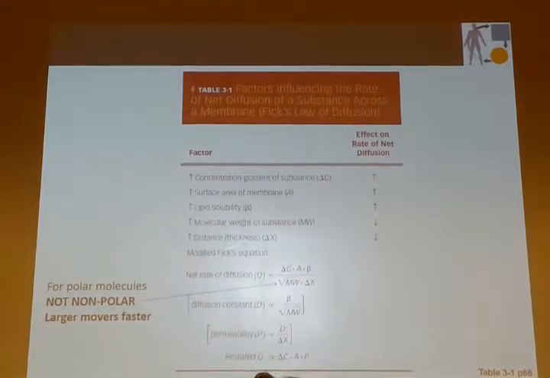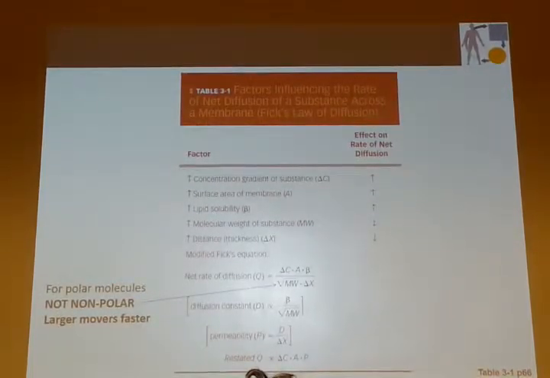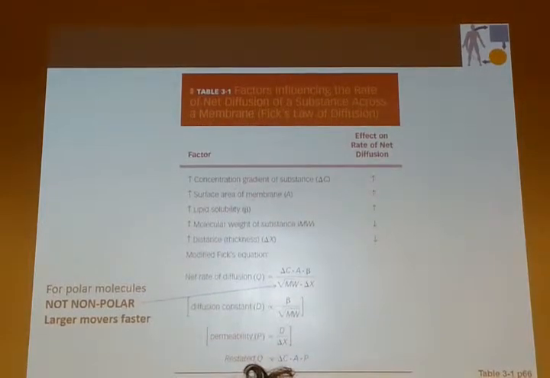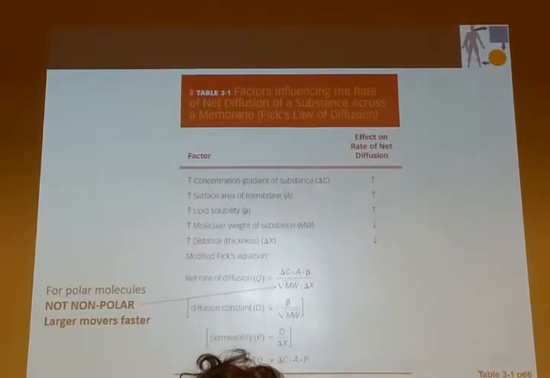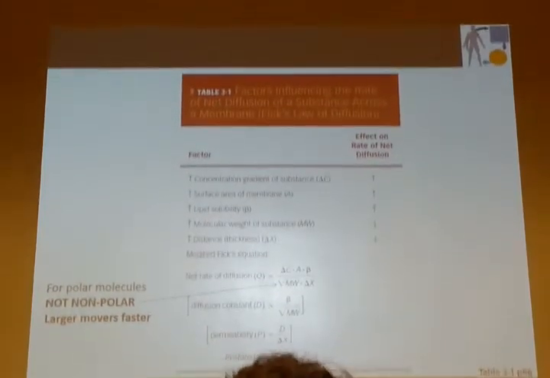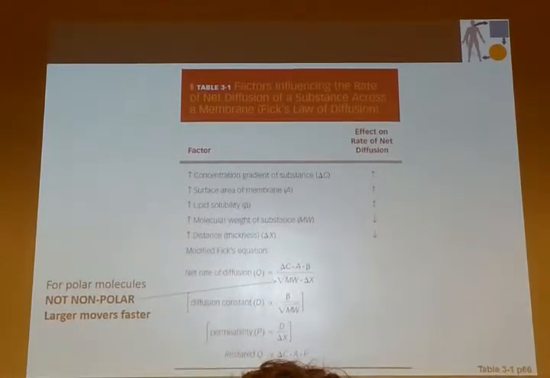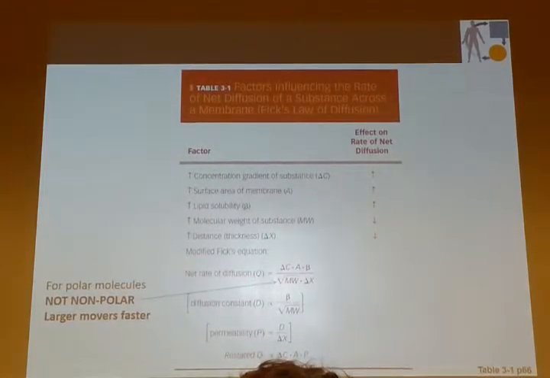If you increase the distance that the molecule has to go across, it's going to take it longer to get across. It's very intuitive. You make something thicker, it takes longer for something to go across that thick membrane than a thin membrane. Why do people have problems with blue lips and fatigue, not able to exercise when they have pneumonia?